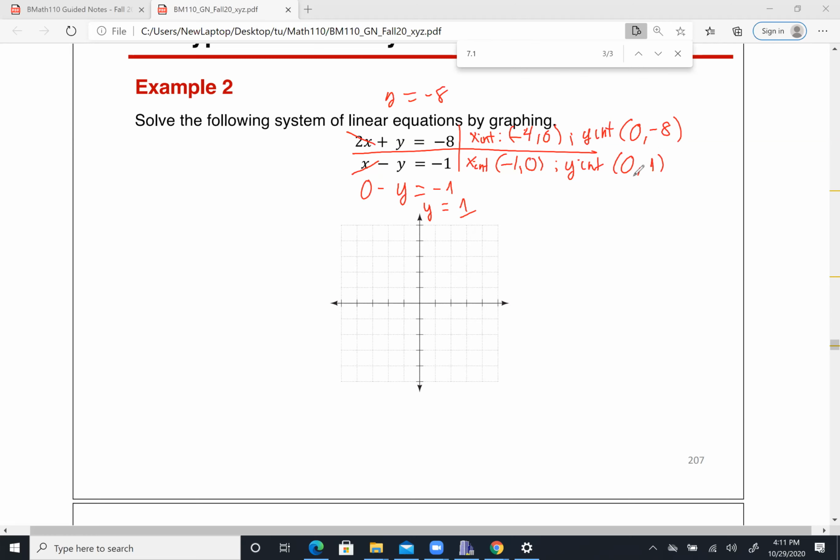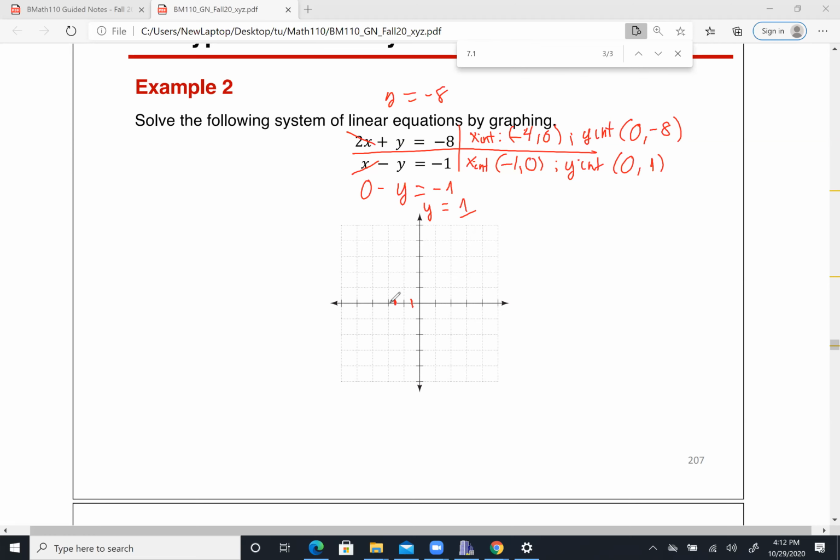Okay, so let's go down here and graph the first one. I have x-intercept -4, so put -4, and y-intercept is -8. 1 2 3 4 5. Oh, I should have -8, so maybe I'm gonna split a little bit. -1 2 3 4.